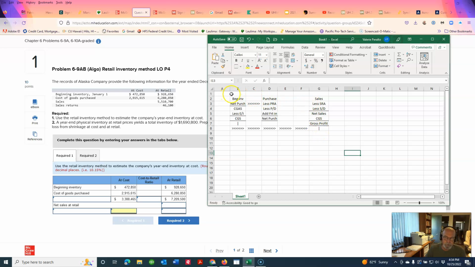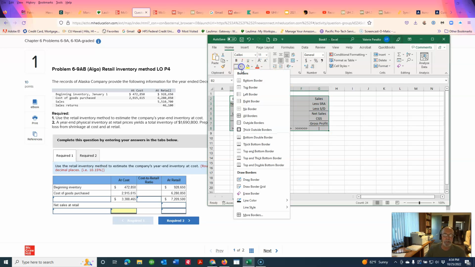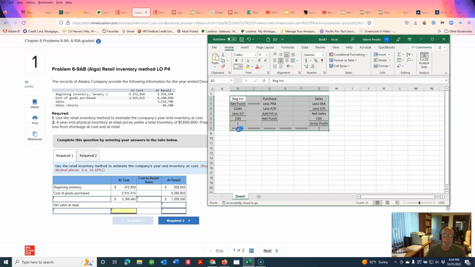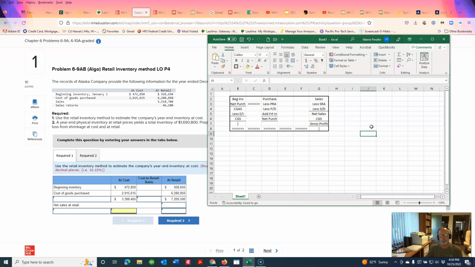So we use this basic equation as a starting point, as a model to use when we use our retail method to estimate our inventory.